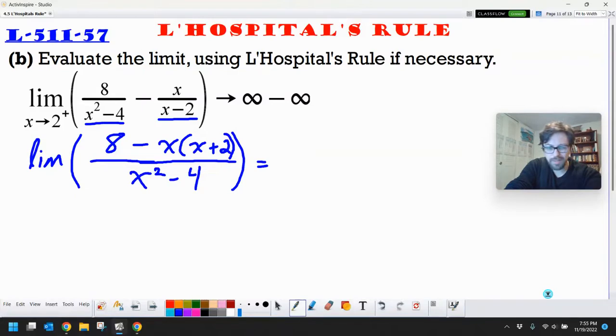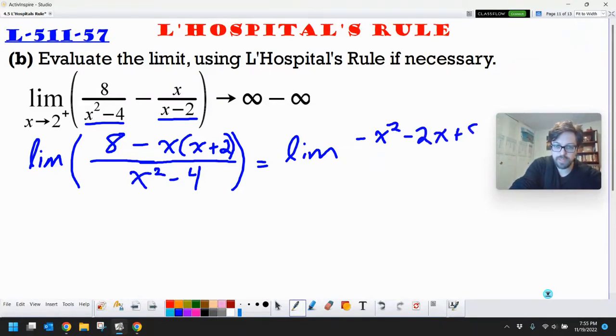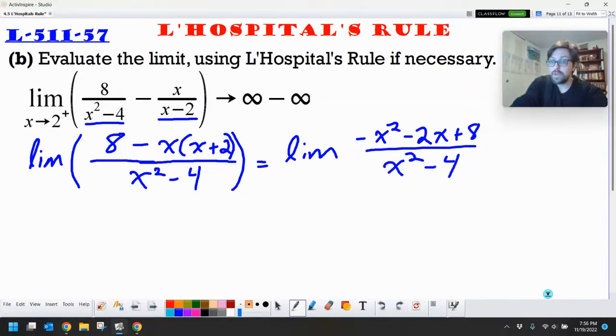Then I'm going to do a little bit of simplification of that numerator. So we get the limit of negative x squared minus 2x plus 8 over x squared minus 4. With direct substitution, approaching 2 from the right, 2 squared minus 4 is basically 0.